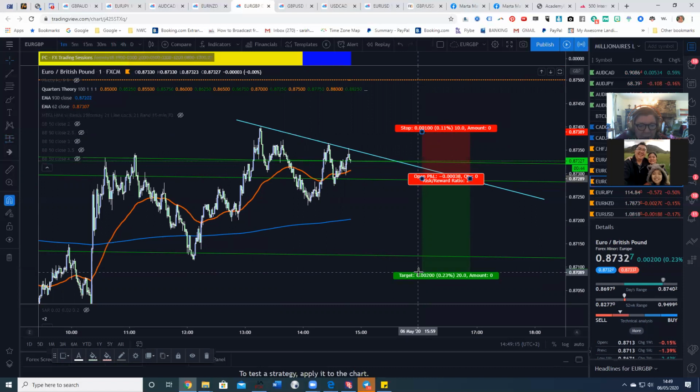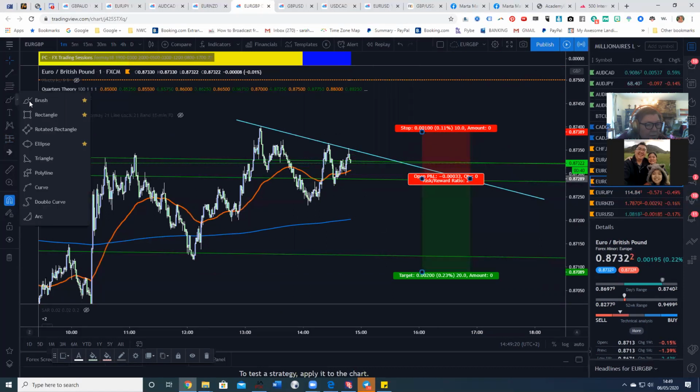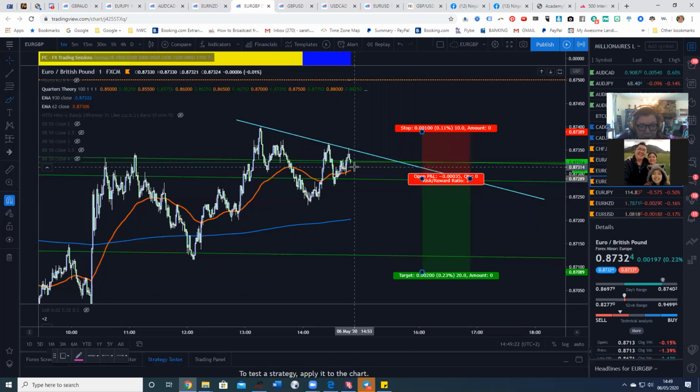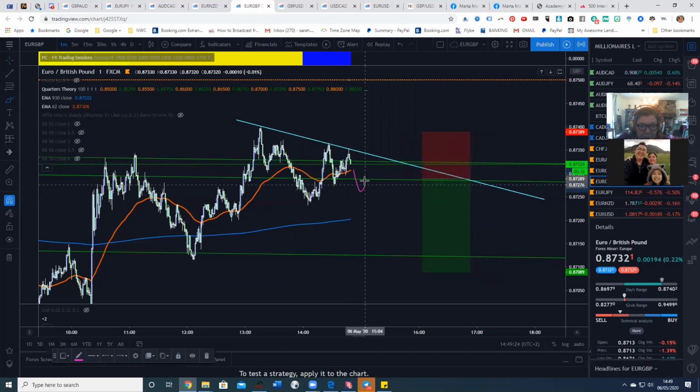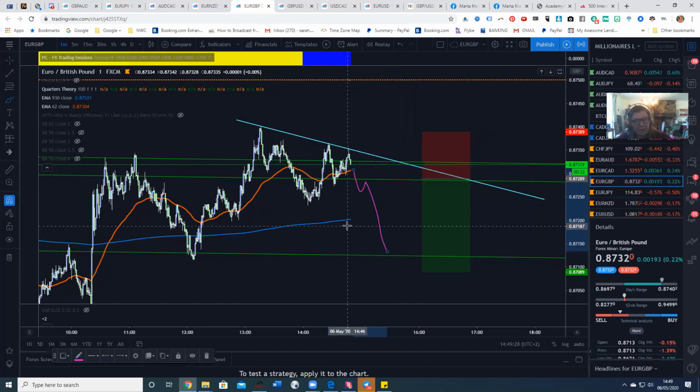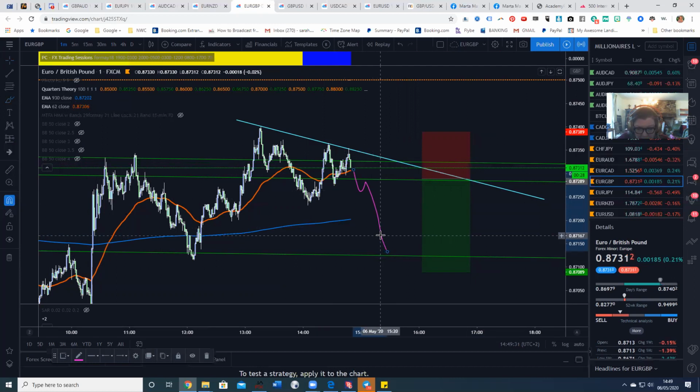And waiting for it to come down here like this, come down here, do a break and a retest and carry on down its merry way there. And that's what I would be looking for.